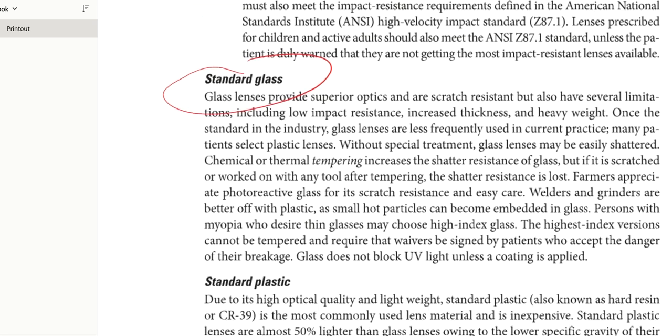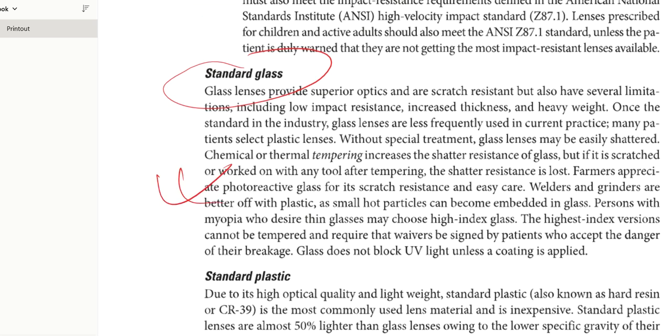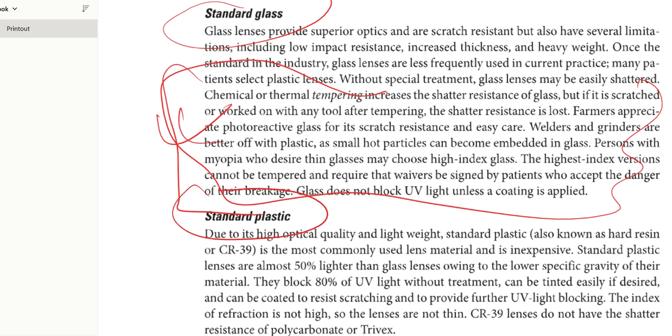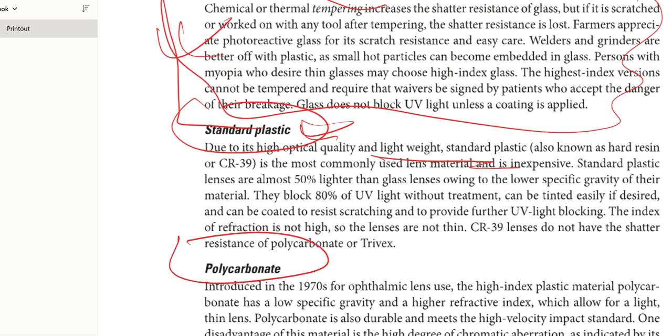Standard glass. Very important, this whole topic from here, the former glasses and like this. Standard plastic CR39 hard resin. This is very important. Polycarbonate, very important.